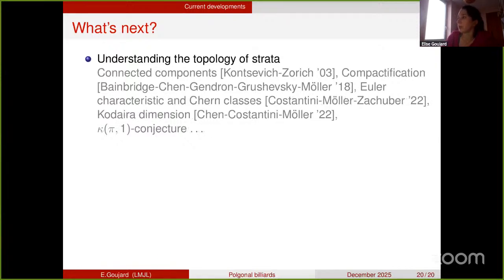Recently there was a nice compactification constructed for these moduli spaces that allowed to compute the Euler characteristic and some Chern classes of these moduli spaces, as well as the Kodaira dimension. But this is all the information that we have on the topology of this space. And it's important to have some information because it's related to the dynamics of the geodesic flow.